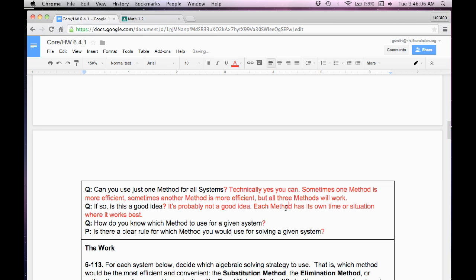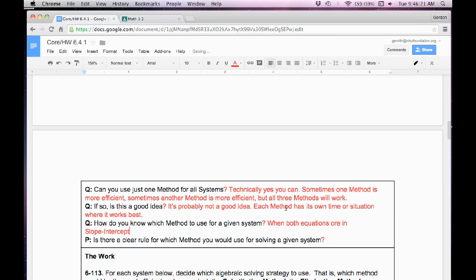Well, when both equations are in slope-intercept form, meaning y equals mx plus b, you can set the two mx plus b's equal to each other.